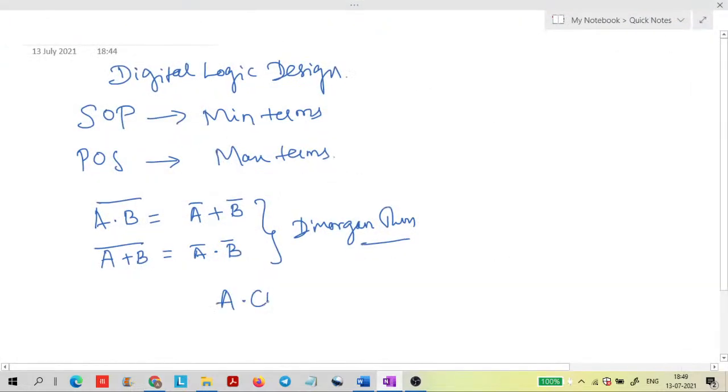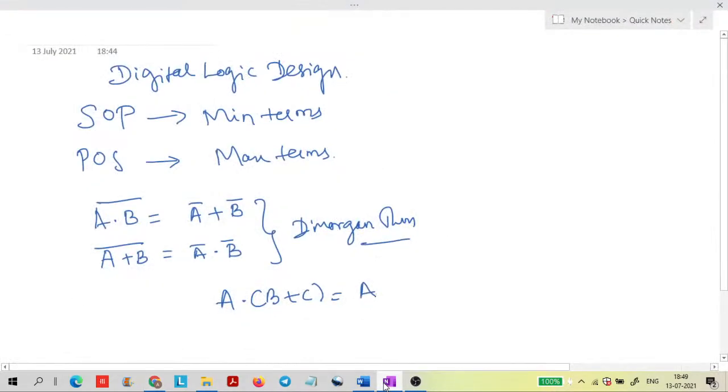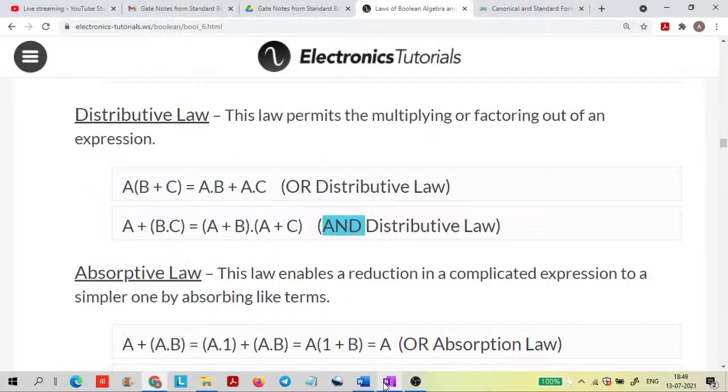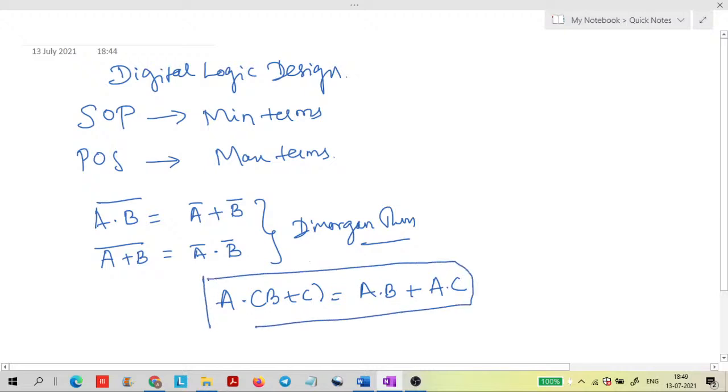See how these are equal; we can verify with the truth table.